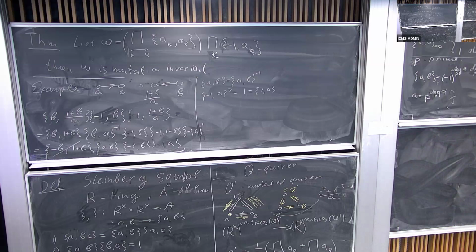And the claim is the following: if you have on every edge a parameter a1, a2, etc., then you can compute omega, which is just the product of the symbols (ai/aj) for every arrow between these two points, times the product of (-1/ai), and you compute with p, and it is modular invariant.